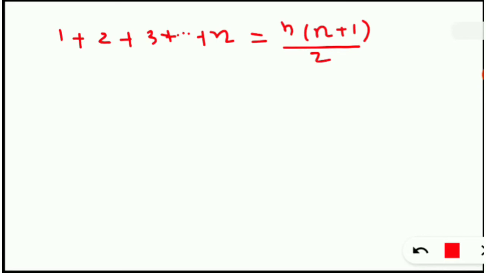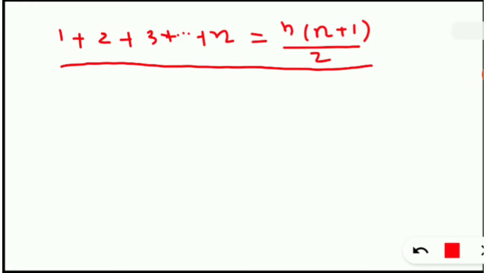This is the formula for the sum of n natural numbers. Clear? Now, we prove this statement using the principle of mathematical induction. Clear?